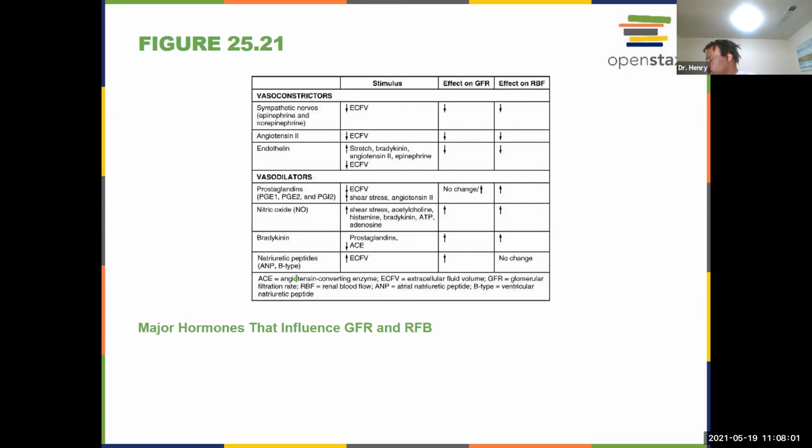Okay, so basically, if we look at this, some of the enzymes are going to be responsible for your dilation, and other ones are going to be responsible for your constriction.